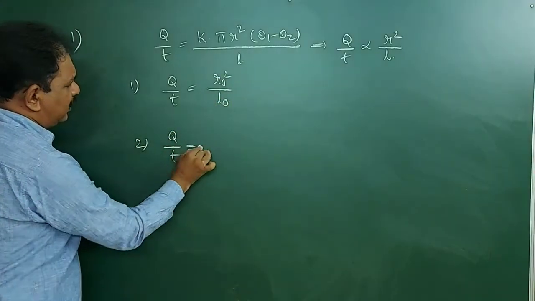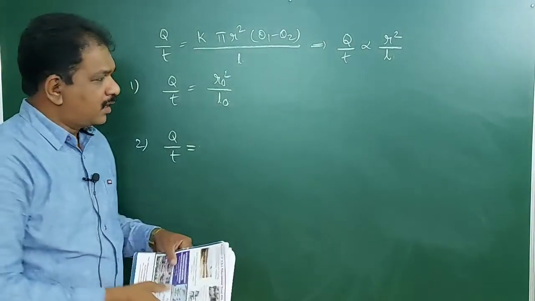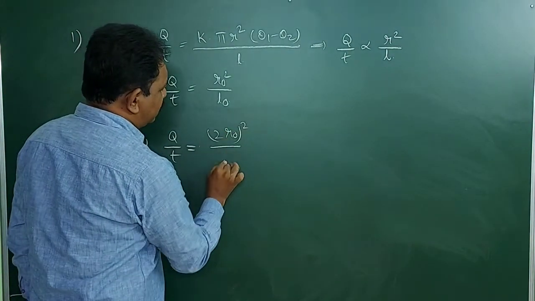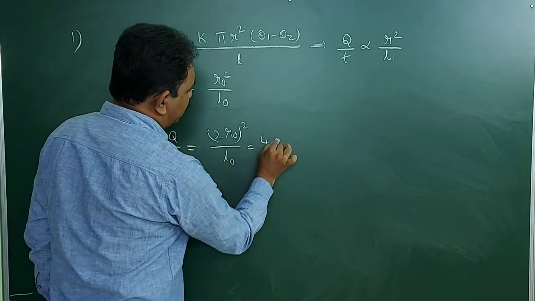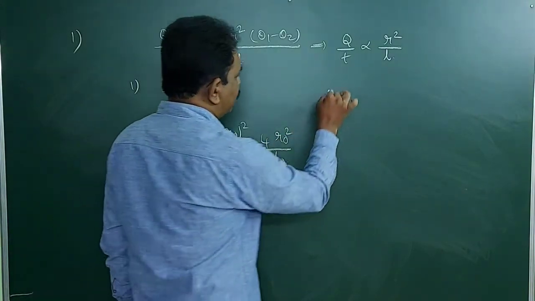Second, 2R naught and L naught, so (2R naught) whole square by L naught, 4R naught square by L naught.